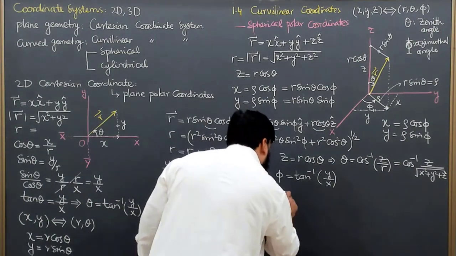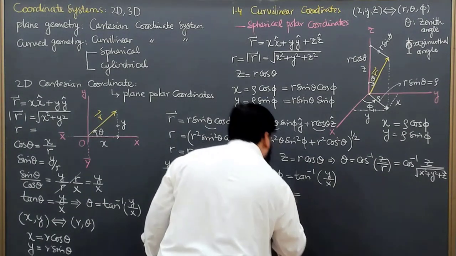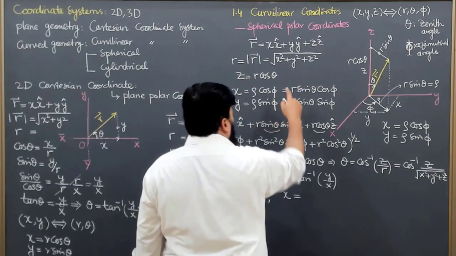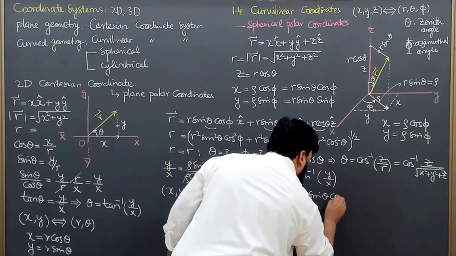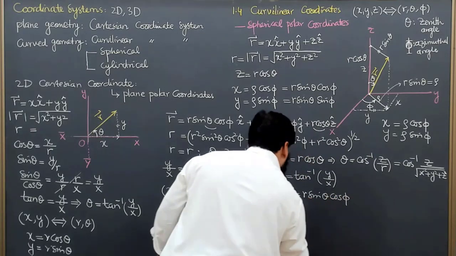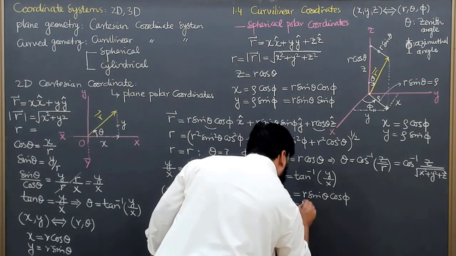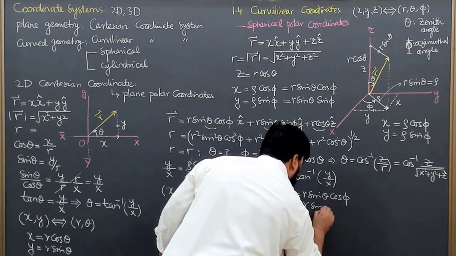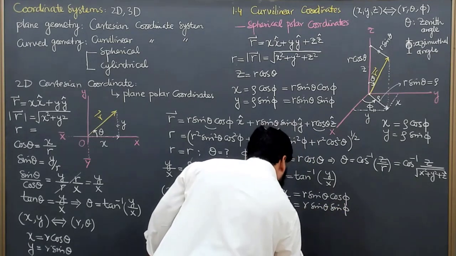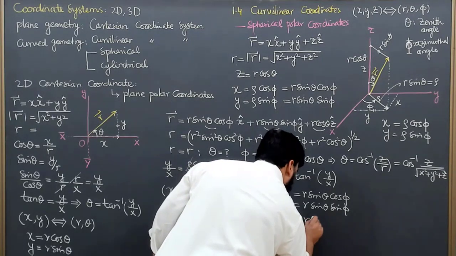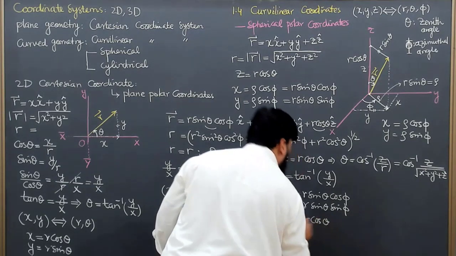So here is the summary. X in terms of r, theta, phi is r sine theta cos phi, while y is equal to r sine theta sine phi, and z equals r cos theta.